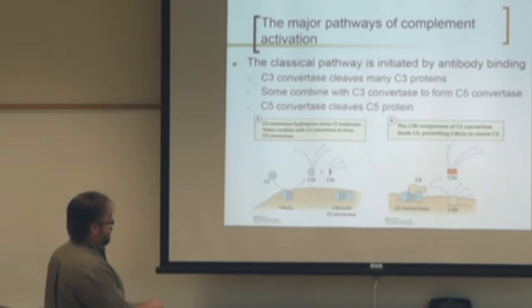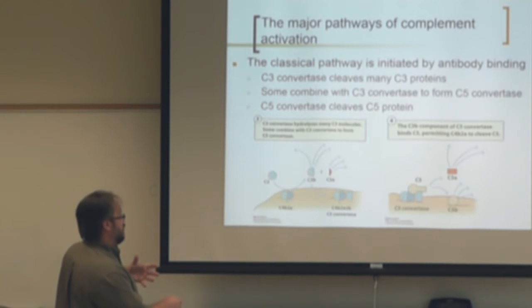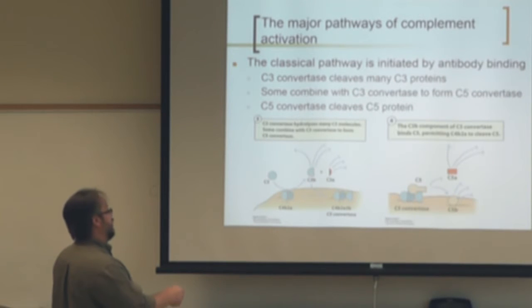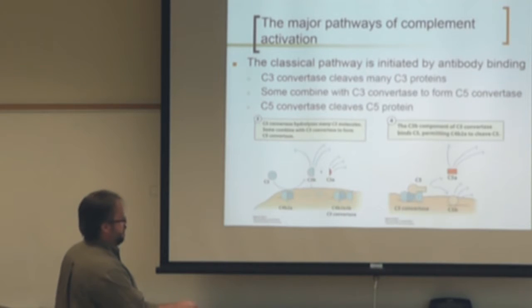The C3 convertase, C4b2a, is now an enzyme that's going to break down C3 into C3b and C3a. So it's going to cleave that, and then that is also going to go and bind to that. Now you're going to have this C5 convertase, and this is going to bind to C5 and chew it up into C5a and C5b.